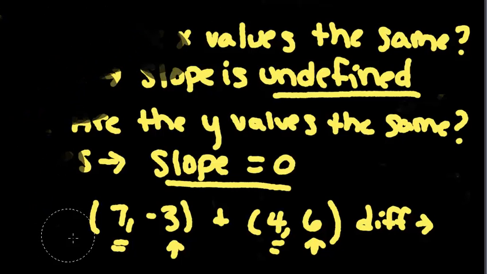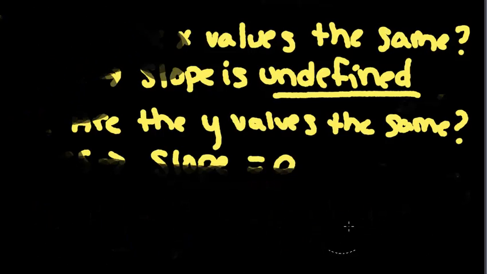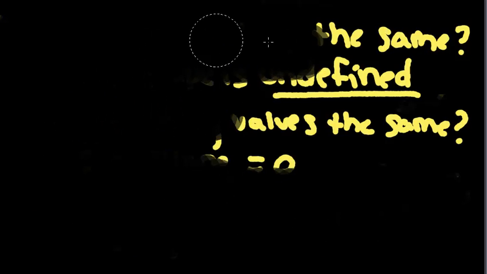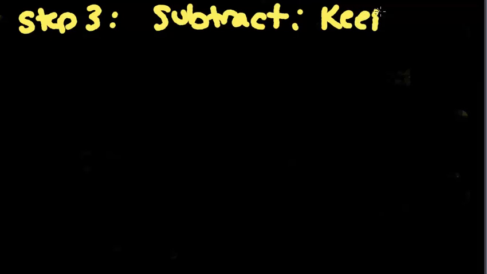So let's erase what we have here and talk about what we do with step 3. Step 3 is how you set up this subtraction problem. So step 3 is subtraction. And remember, when you subtract, you should have learned something called keep, change, change. That's what we're going to use.